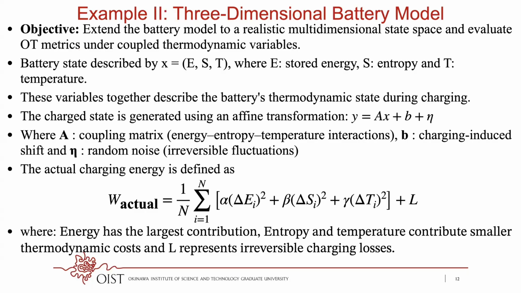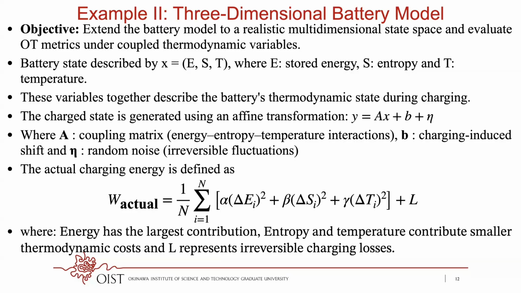The charged state is generated using an affine transformation, which is given here, where A is the coupling matrix, representing energy, entropy, temperature interactions, B is the charge-induced shift, and eta is random noise. Here also it's a toy model, so we know the actual charging energy cost, and the function is given here.